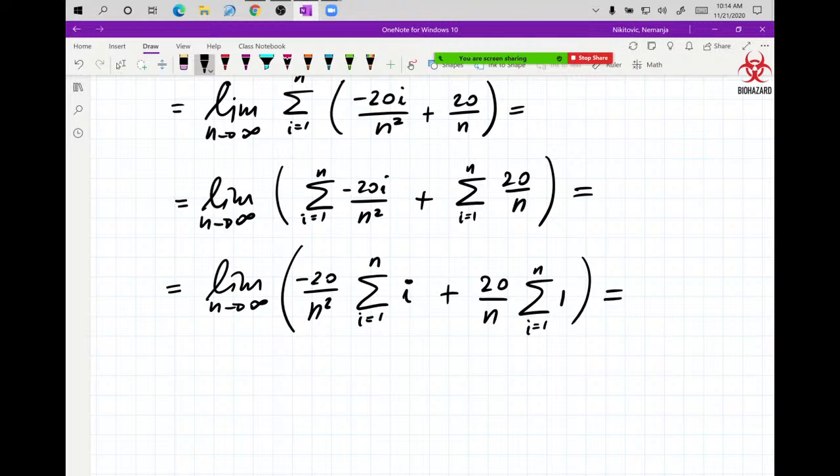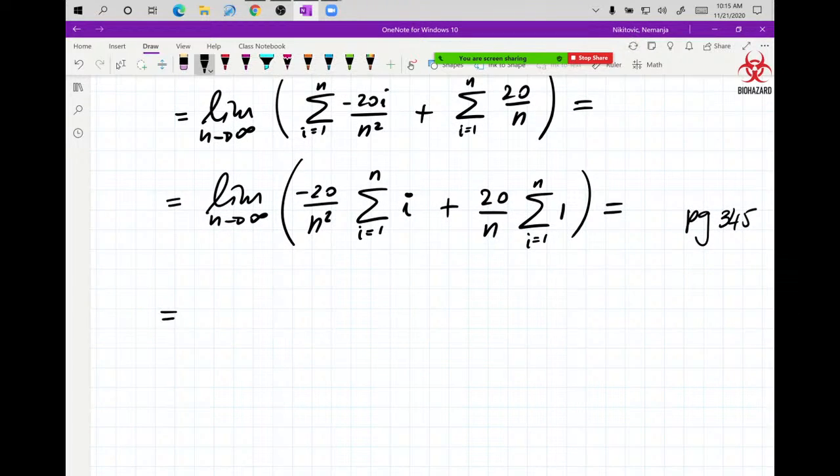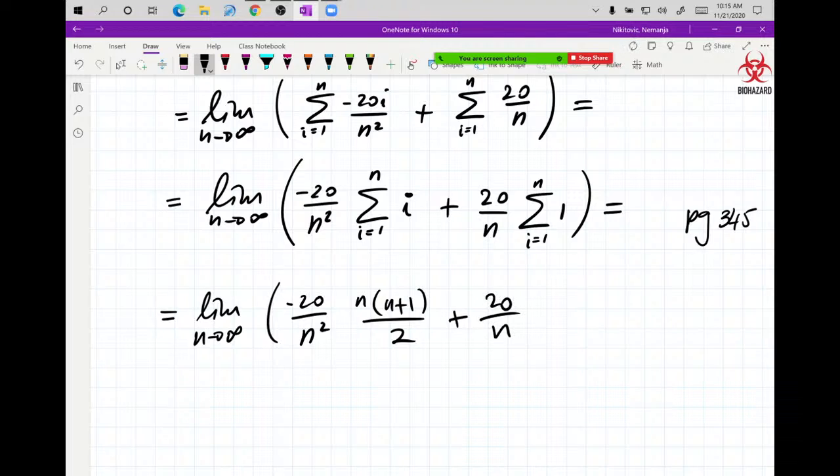Now, if you go to your textbook on page 345, you will find formulas that compute this for you. Those formulas will give you this: negative 20 over n squared, and the formula for the sum of i becomes n plus 1 over 2, plus 20 over n, where the sum of 1 becomes just n.